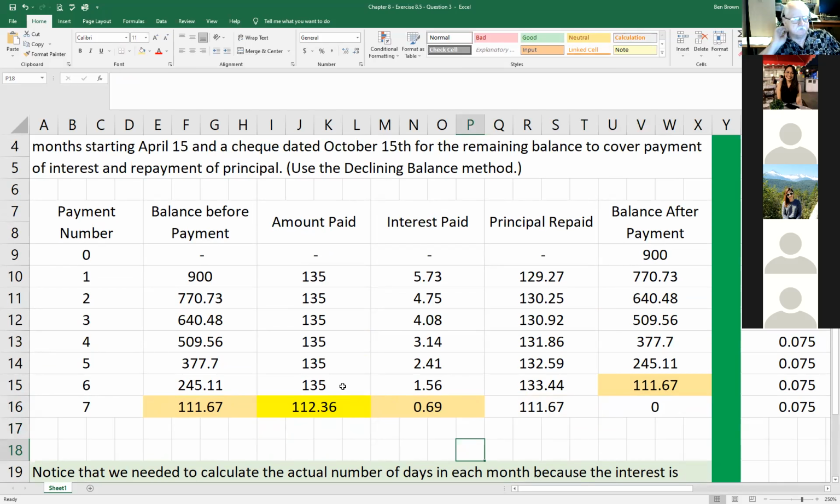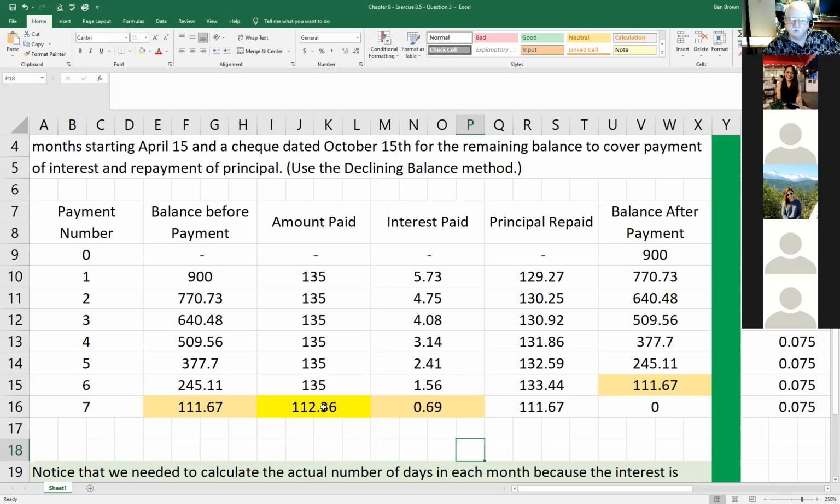So, Sukhbir, does that help you understand how you're going to find that last payment? Yes, sir. Yeah. Once you've set up the first row, you just copy it down. But when you copy it down, you'll always have a final balance which doesn't quite equal zero.